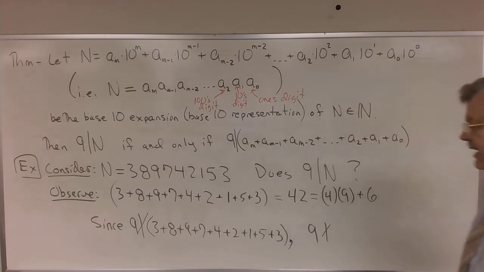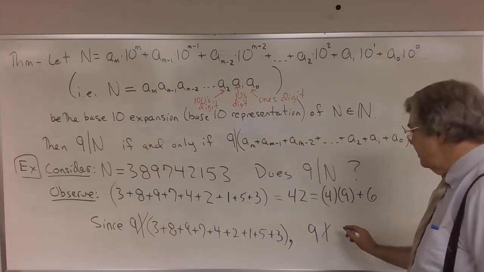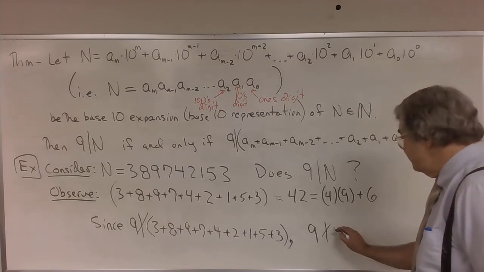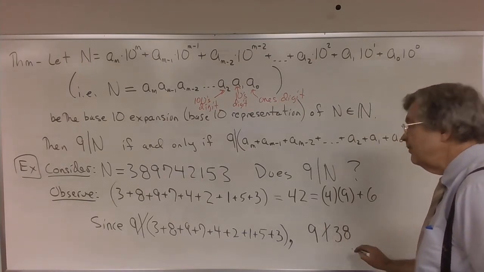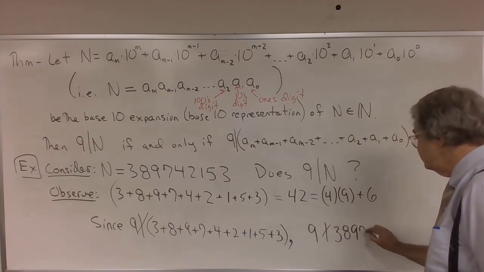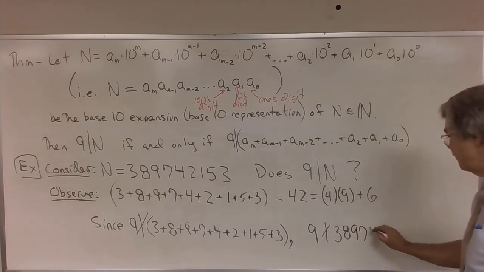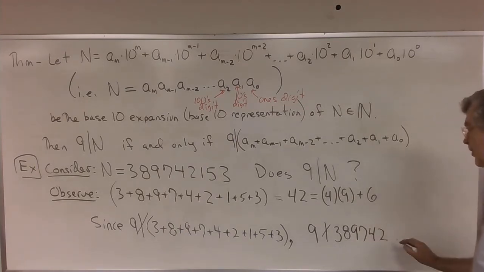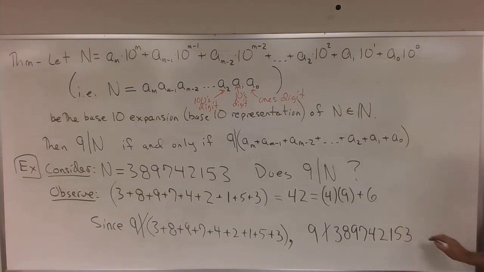Nine does not divide the sum of those digits, so 9 does not divide the number 3897, 42153. So 9 does not divide N.